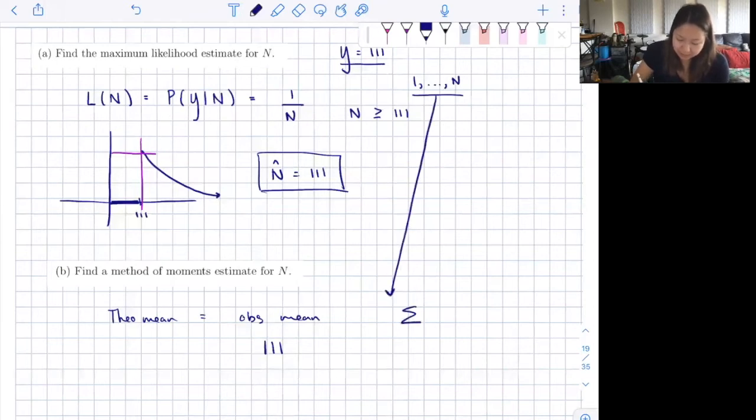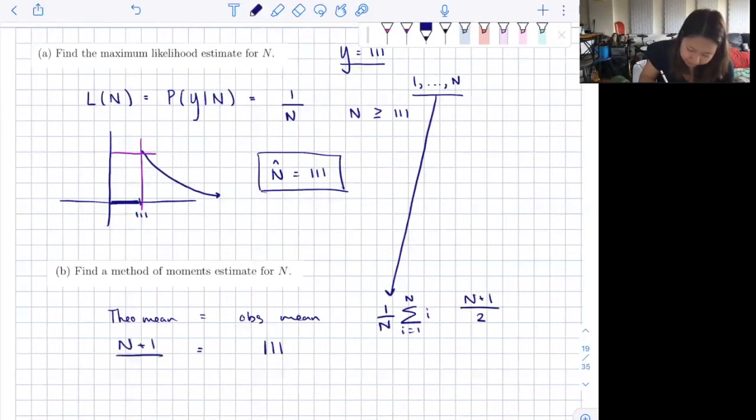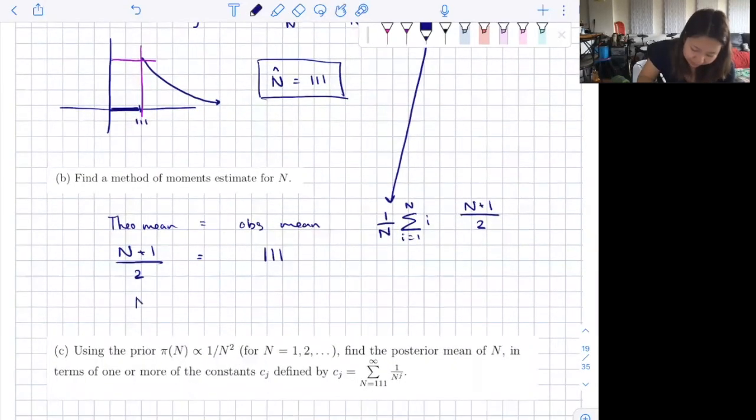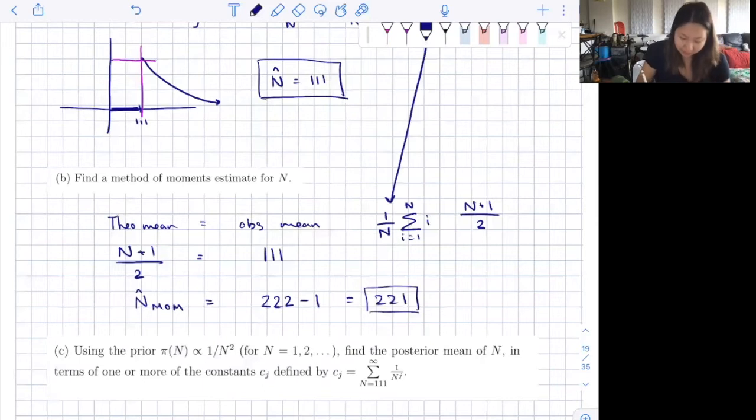So that's going to be the sum of I from 1 to N divided by big N, and that's going to end up being the median number, N plus 1 over 2. Solving this will give us our method of moments estimator. 222 minus 1 equals 221. So this is going to be our method of moments estimator.